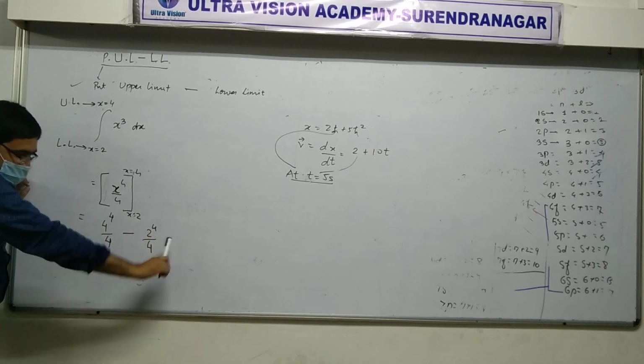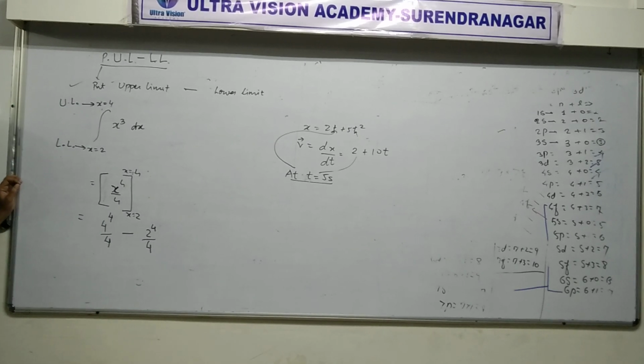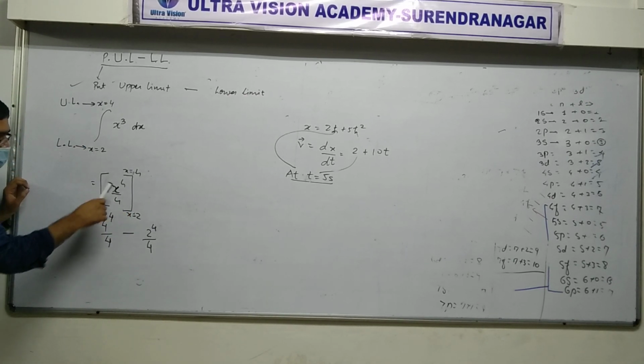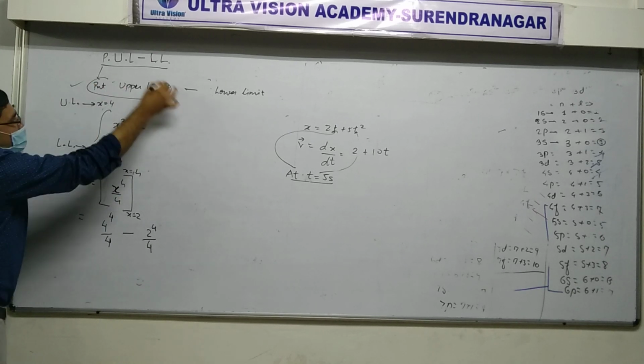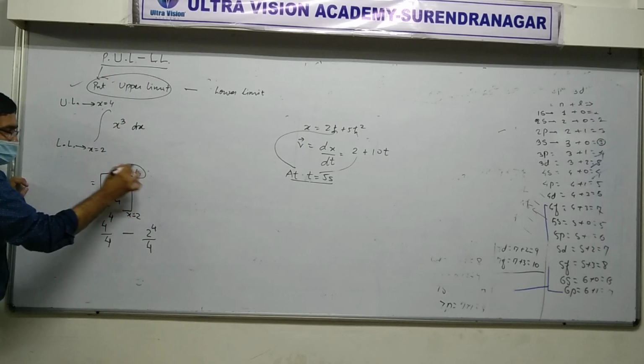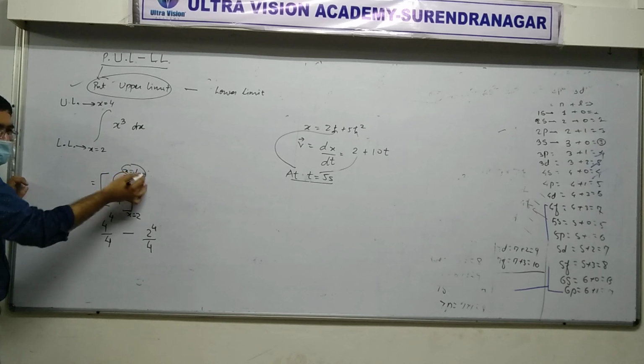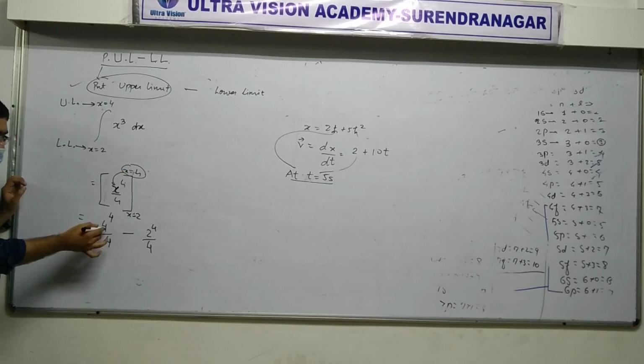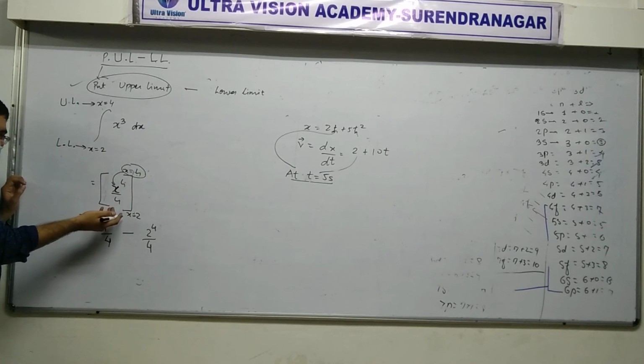Raise your hand if you have understood this completely. Okay, put your hand down. Let me try it one more time just to get nearly 100% here. First of all we put the upper limit. So what's the upper limit value? X is equal to 4. That I put here, obviously. So 4 raised to 4 because x is 4, and then divide by 4 is already there.